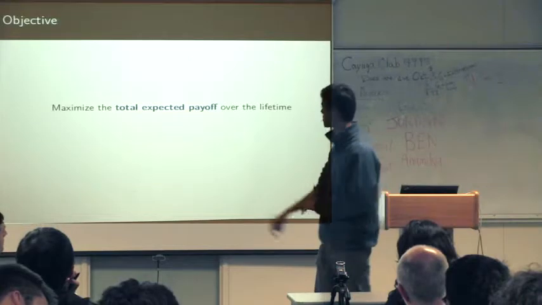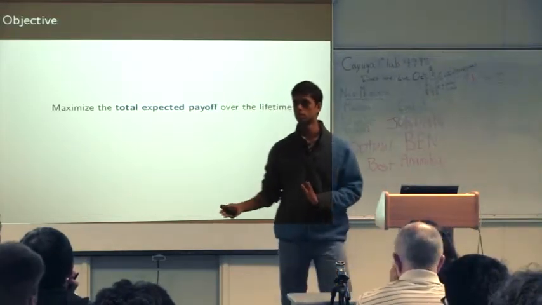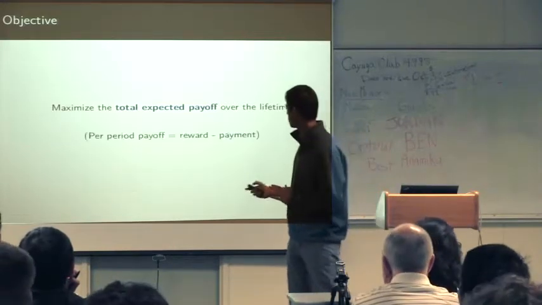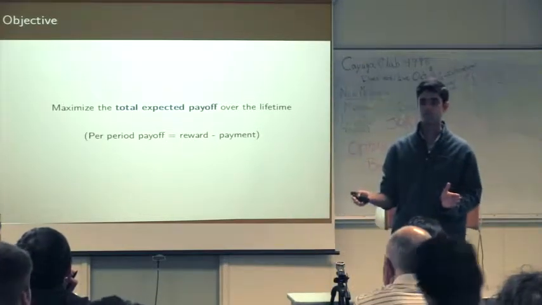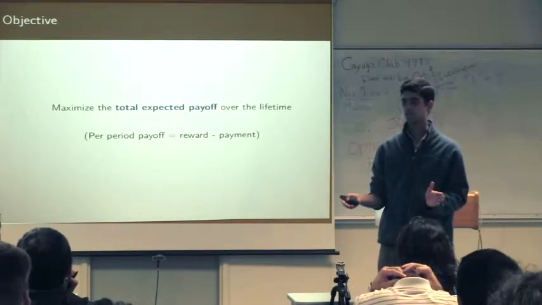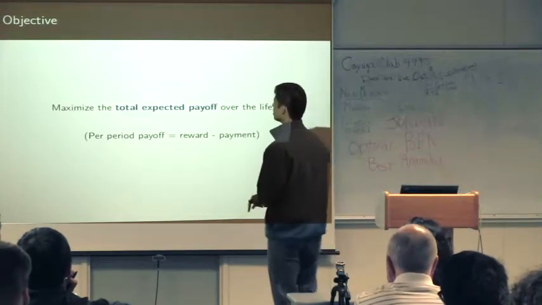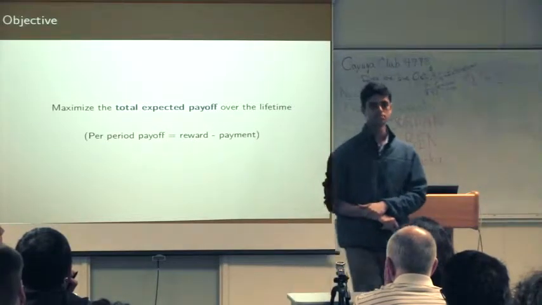In particular, they just maximize the total expected payoff over their lifetime, and we assume the per period payoff is just the reward they get minus the payment they have to make in the auction. This is just a simple model for how they value the stream of rewards.